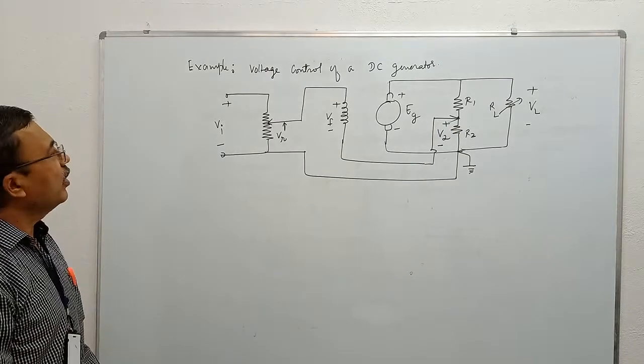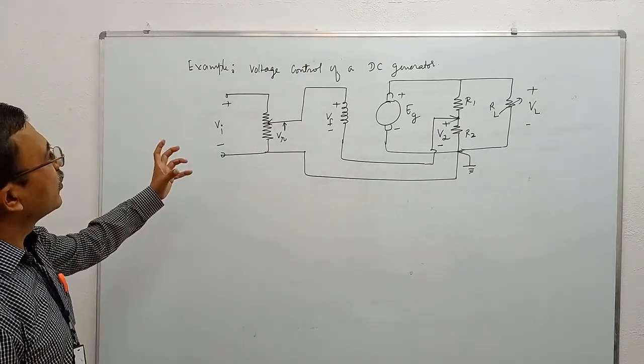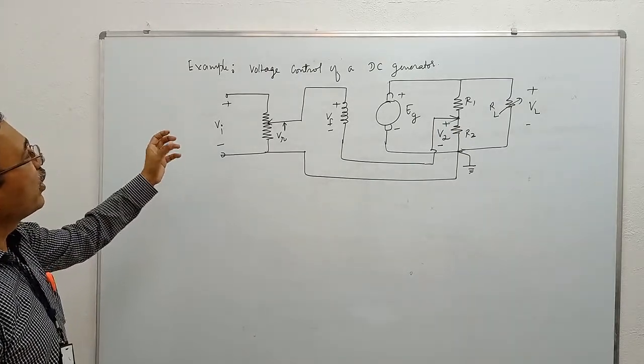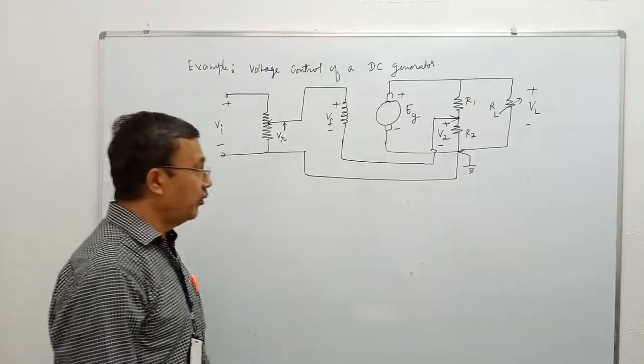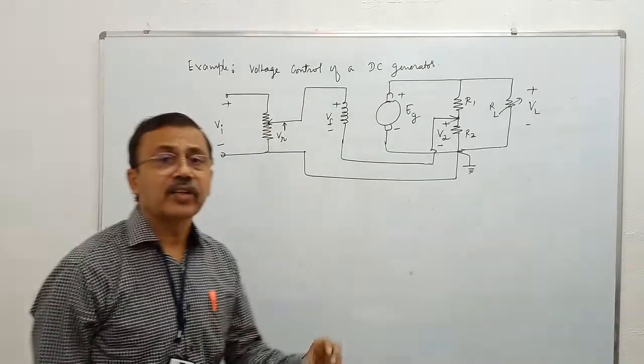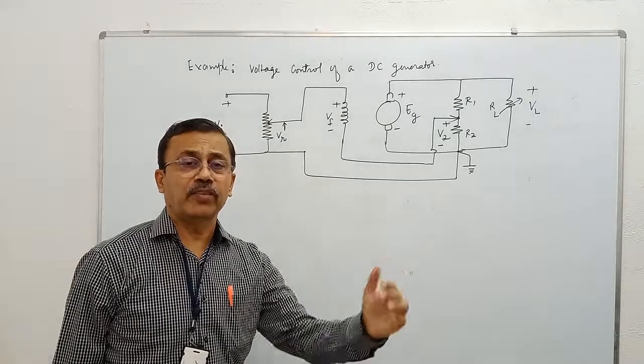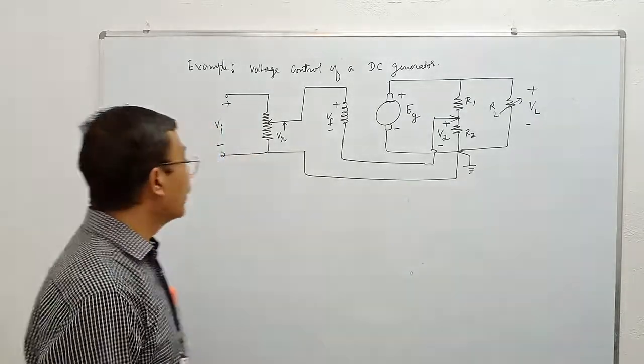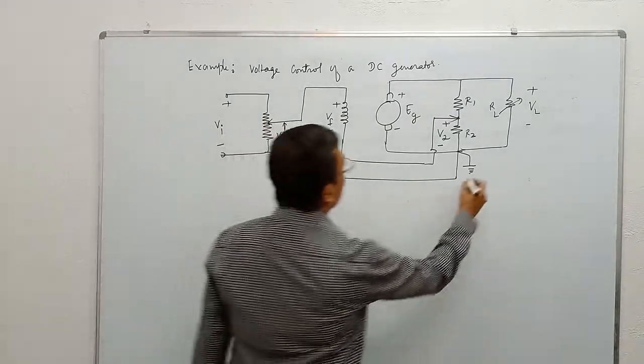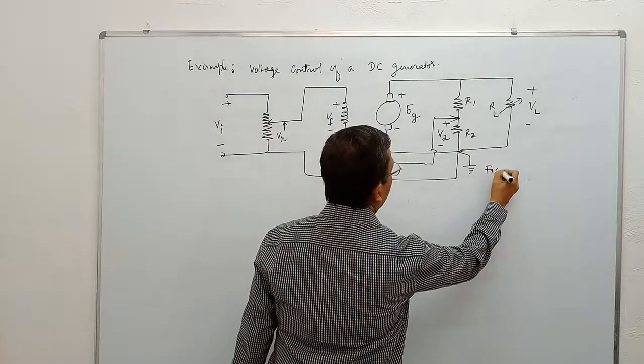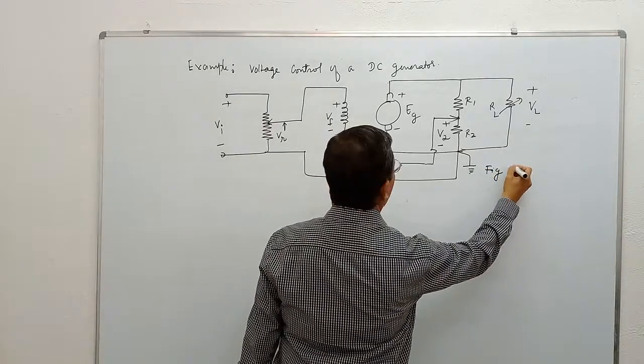This is the general block diagram. It is used for controlling voltage of a DC generator. There is feedback action here. How that feedback action takes place, let me explain with the help of a block diagram. This I call figure number 1.